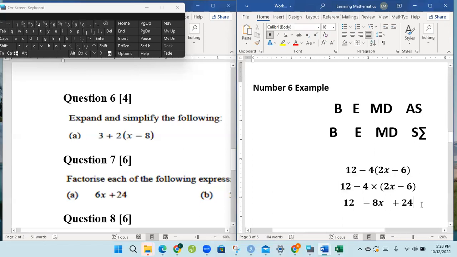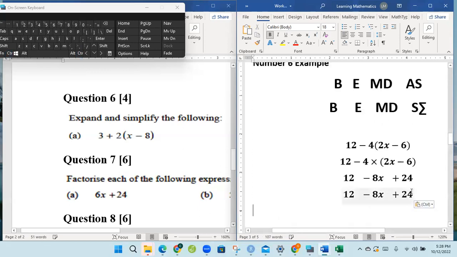So bringing like terms together, we are going to bring the positive 24 to the 12. So that's the simplification happening now. We have expanded, which is multiply. So now we are going to simplify. We have to bring the positive 24 next to the positive 12. And the negative 8x now will stay by itself because there's no one else like it.